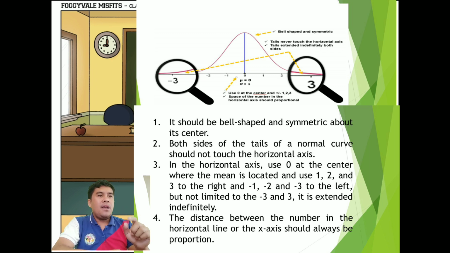Use 1, 2, and 3 to the right, and -1, -2, and -3 to the left, but not limited to the -3 and +3. It is extended indefinitely. The last one is the distance between the number and the horizontal line or the x-axis should always be proportion. So those are the 4 properties of normal curve.